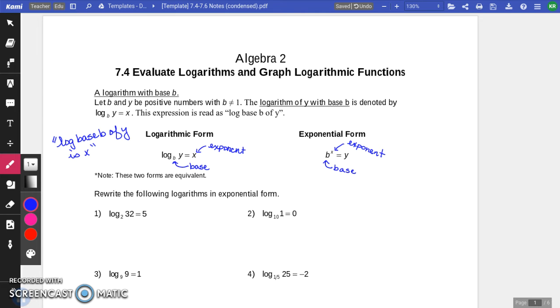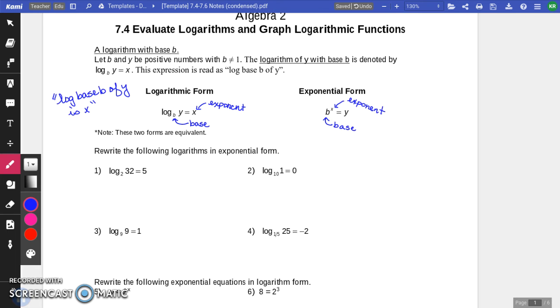Okay, so the first thing we're going to practice is rewriting logarithmic equations into exponential equations. This first one, log base 2 of 32 is 5. The base of our logarithm here is 2, so when we rewrite it as an exponential, that's the base of our exponential.